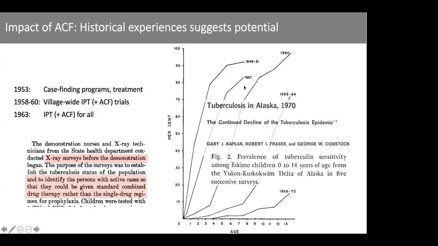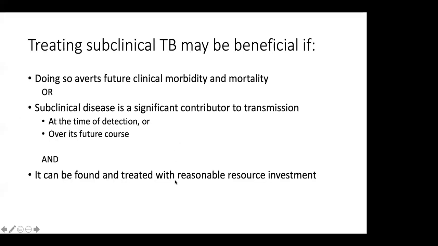And you see that, at that time, the prevalence of TB infection by age 5 went from more than 90% in 1950 down to less than 5% in 1970. The question is what was responsible for this, and how much of it was the fact that they were identifying and treating the subclinical TB in these communities.